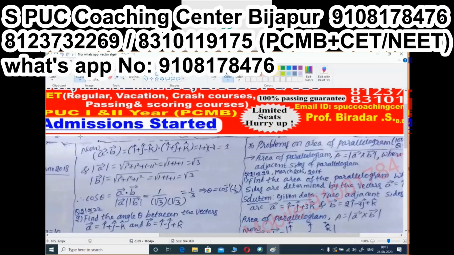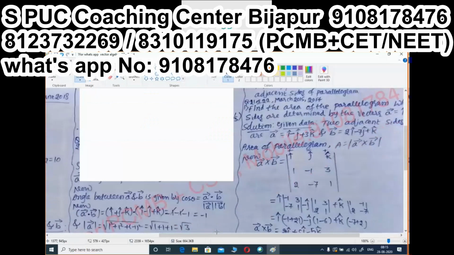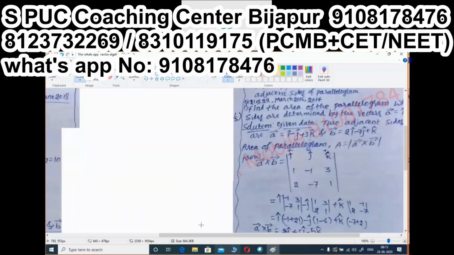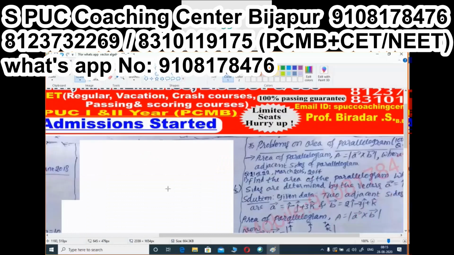So just I will erase here. I am going to solve the solution. First mention the given data concerned to the two adjacent sides.